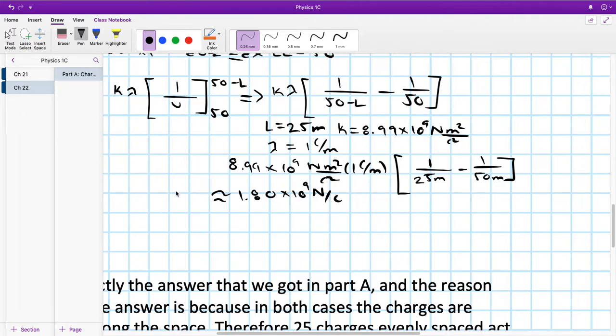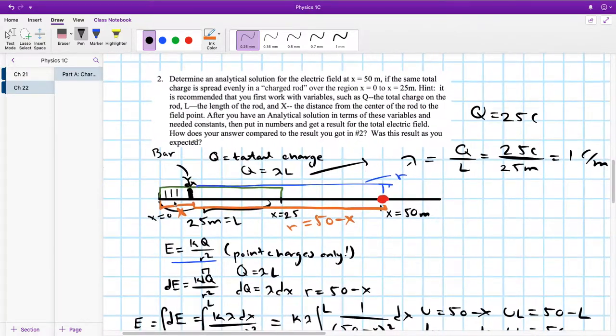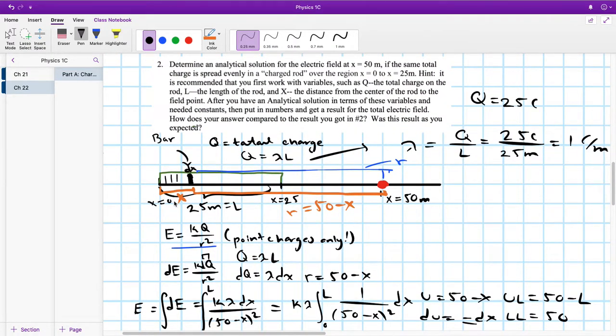So that is the magnitude of the electric field produced by this charged rod of uniform charge.